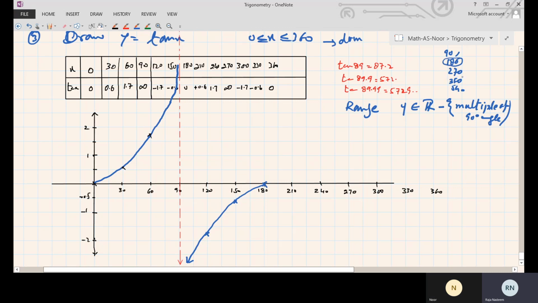Tan of 180 gives you 0, tan of 360 gives you 0. But at the odd multiples of 90, such as 90, 270, 540, you will get a math error. So we subtract those points from the real numbers. This is how we find the range. Normally in the paper you will not be asked to find the range for tan.